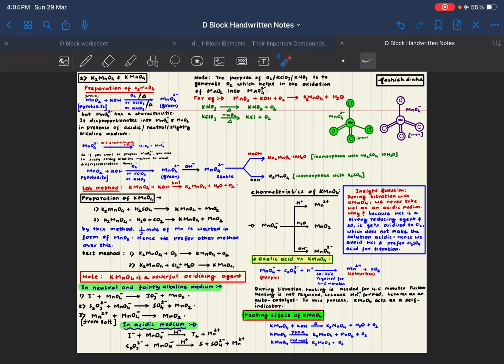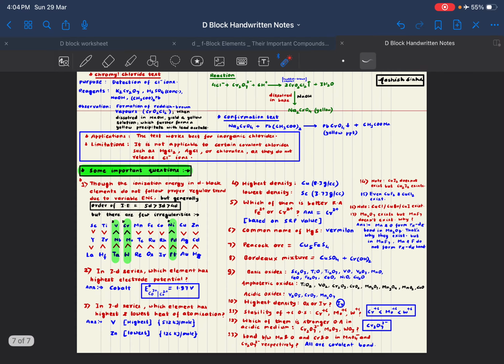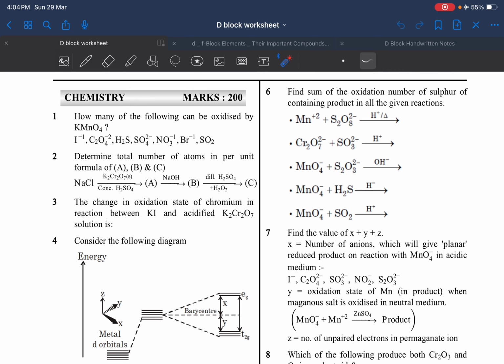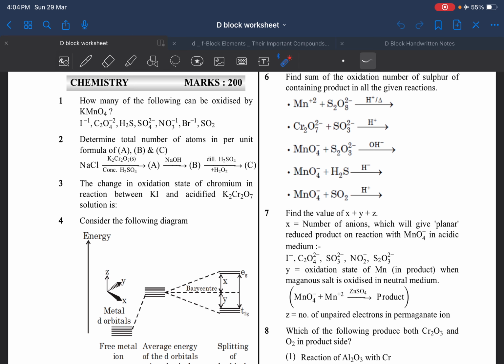In the next lecture, I'm going to discuss the chromyl chloride test and some important questions. After this lecture, further we will discuss questions. I have a worksheet with around 50 questions, and we will discuss all of them. These questions are SRG level, top level questions, special rank group.